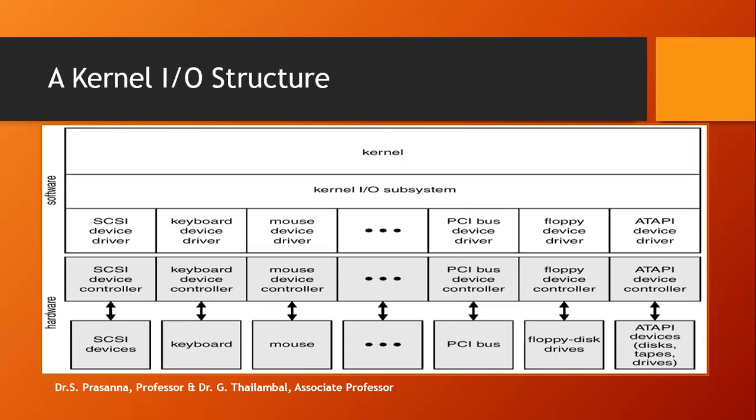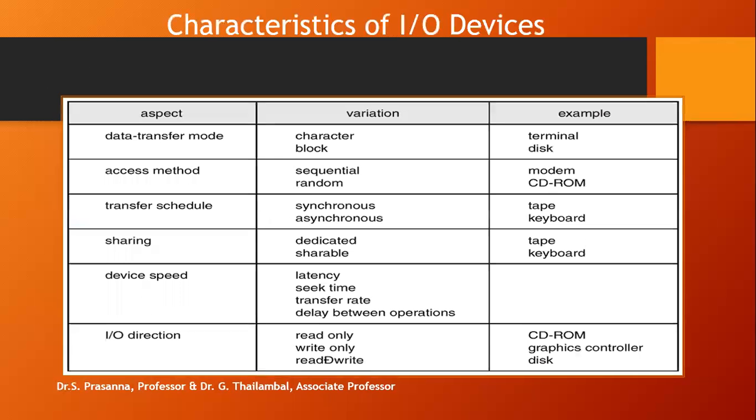This subsystem connects the kernel to the devices through the device controller. Each device, like the SCSI device, has a separate device driver and device controller. The kernel IO subsystem gives the command to the device driver, which will be executed by the device only if the device controller gives the permission to execute.